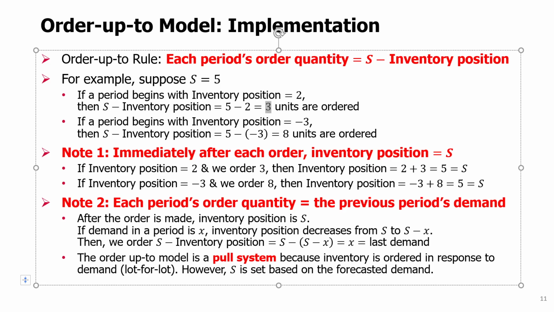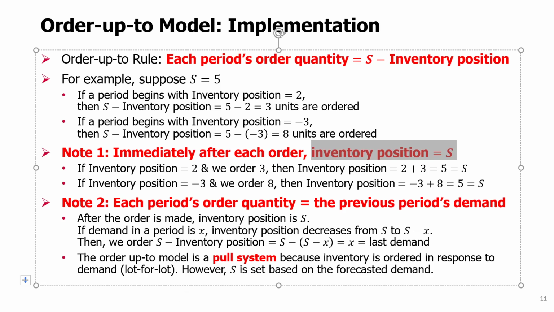Because of this, the inventory position becomes the old inventory position plus the new on order inventory, which is 5, or S in those examples. Here we had inventory position minus 3, and we have a new order for 8 units. So this becomes added, it's counted in the new inventory position. That's why inventory position becomes 5. So after you order, inventory position becomes S.